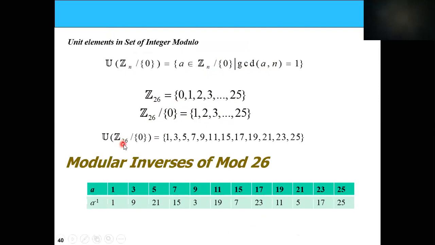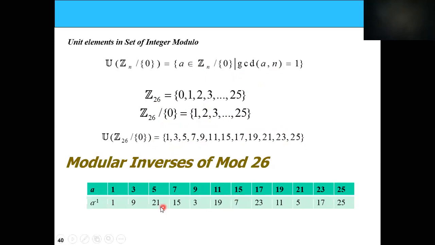So the unit elements of Z26 are 1, 3, 5, and so on, all those elements whose GCD with 26 is 1. So I place it over here. These are basically our 12 elements in Z26 where inverse is possible.